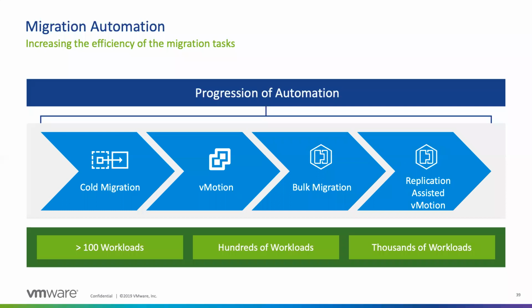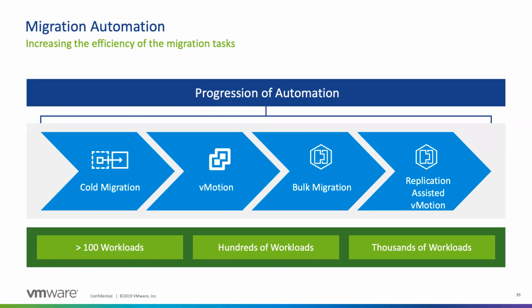A tool that we have now that's in preview, and again, I want to be very clear that it's in preview, is replication assisted vMotion. Think of this as the best of both worlds from bulk migration and vMotion. We replicate the workload just like we do with bulk migration.